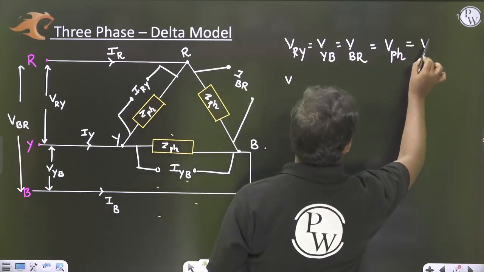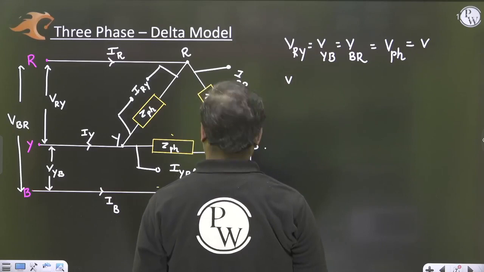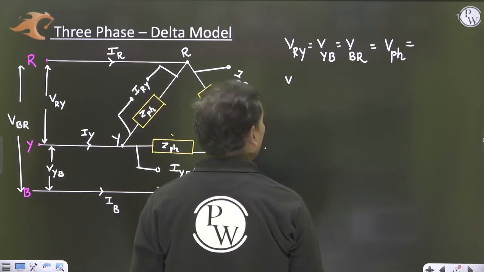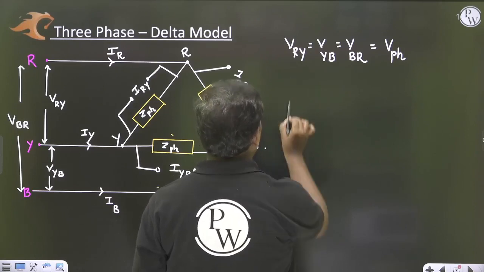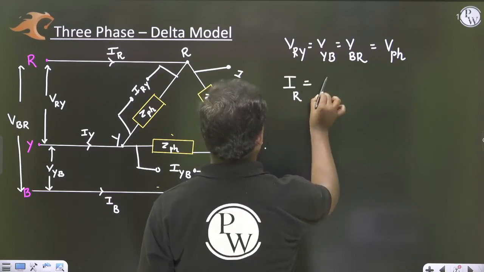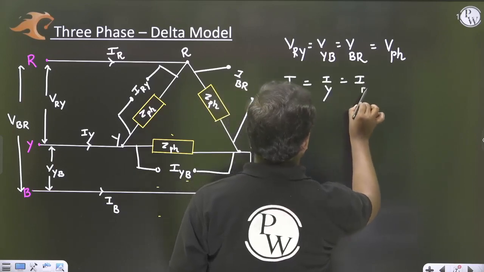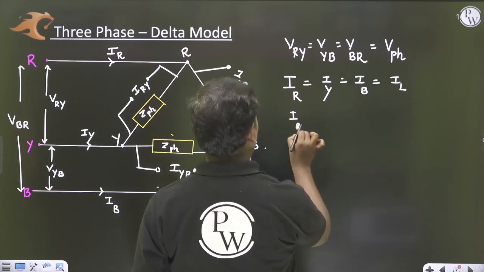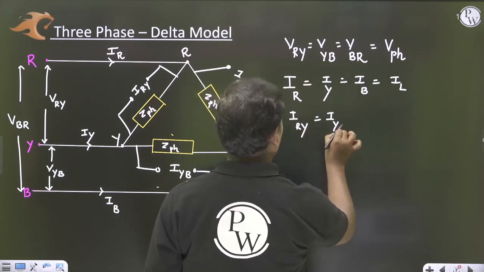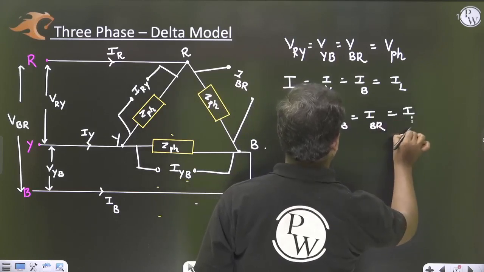VPH and VL are both the same, whereas IR, IY, IB are the line currents, and IRY, IYB, IBR are the phase currents.